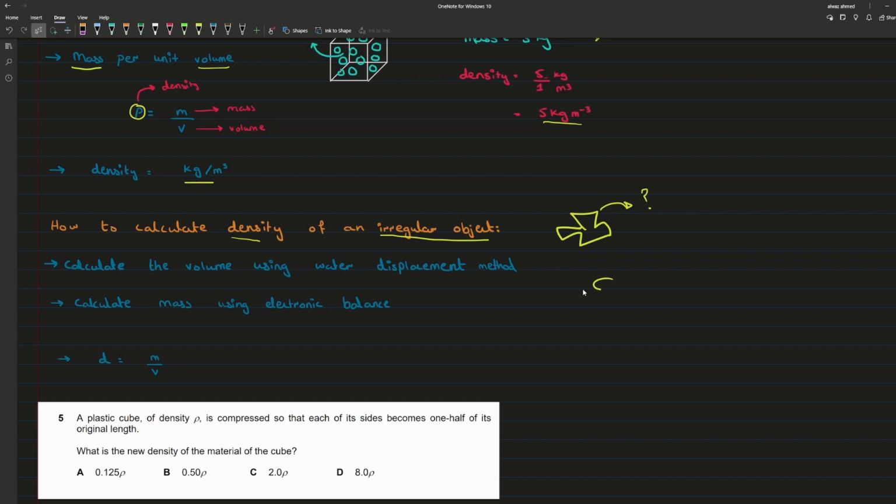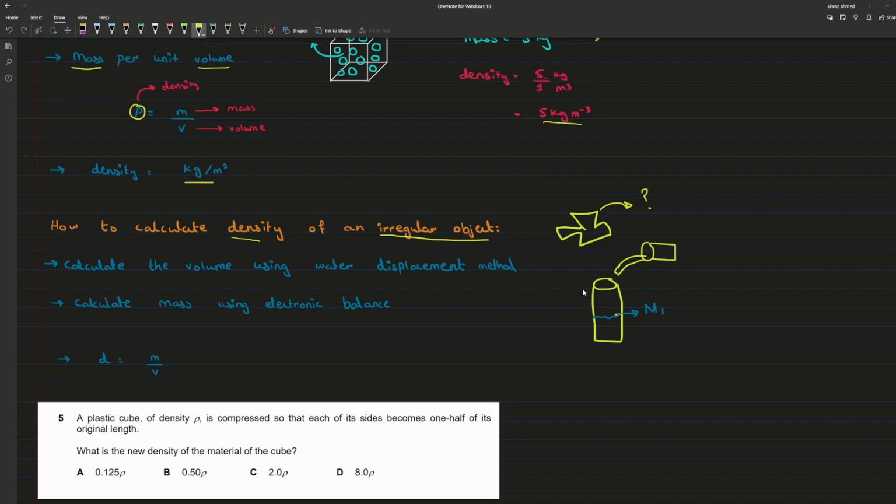So basically you get a measuring cylinder and you pour in some water. You mark the reading for when the water is the only thing in the measuring cylinder, and it's called M1.